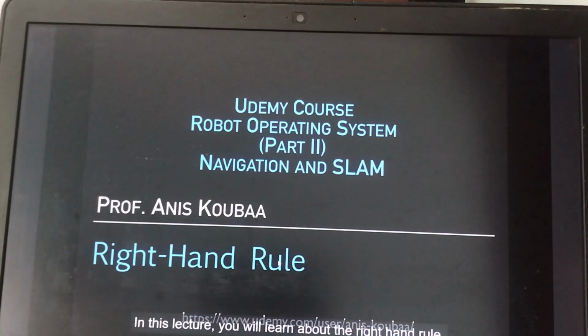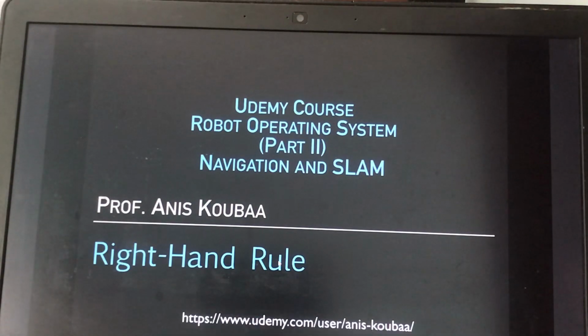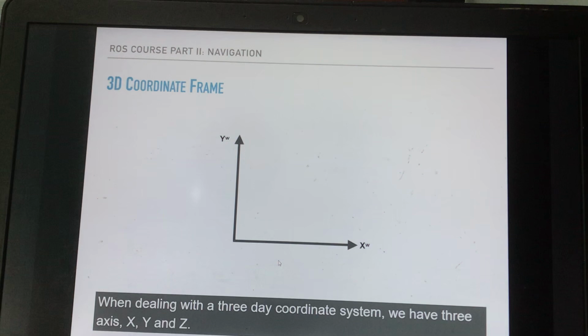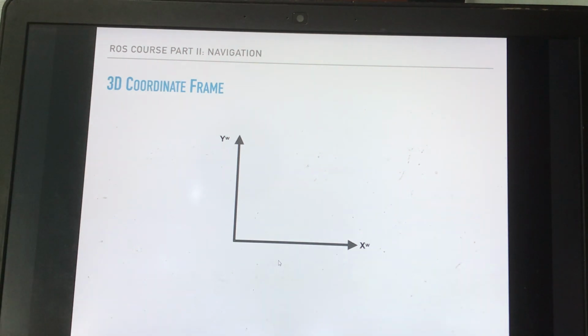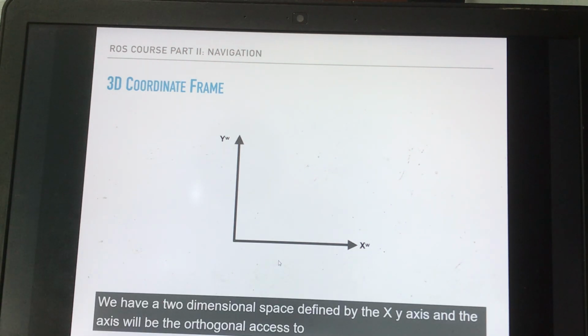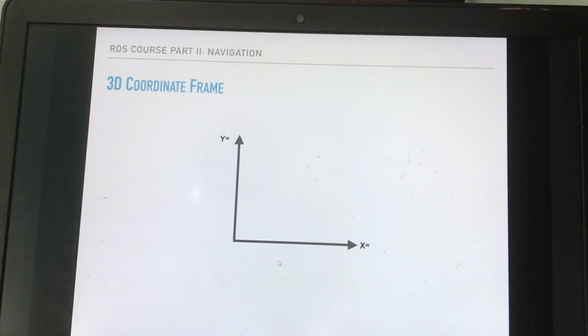In this lecture, you will learn about the right-hand rule. When dealing with a 3D coordinate system, we have 3 axes, x, y, and z. We have a 2-dimensional space defined by the xy axes, and the z-axis will be the orthogonal axis to this plane.